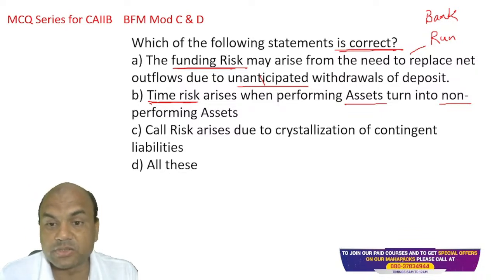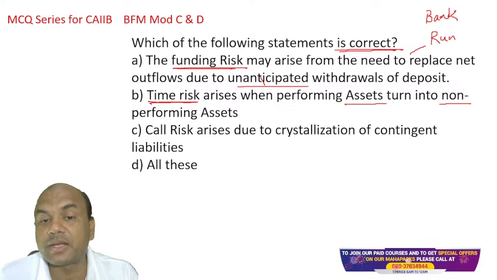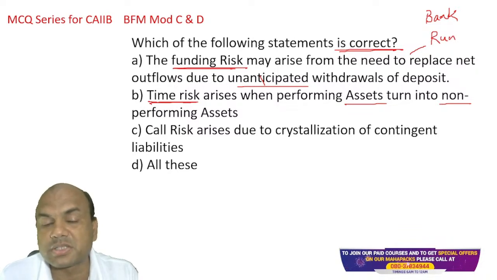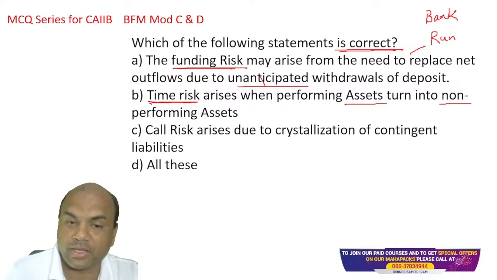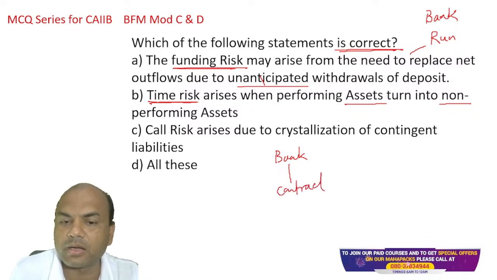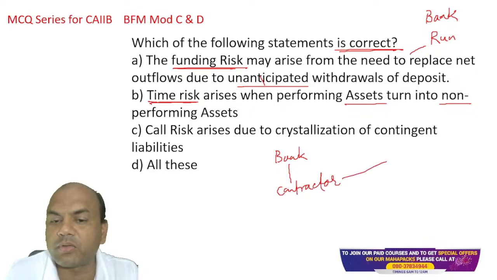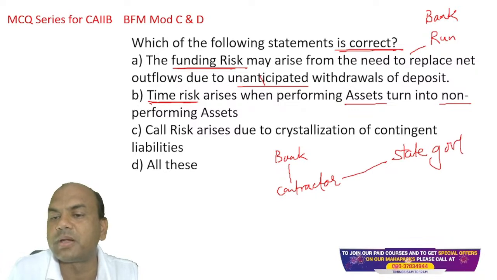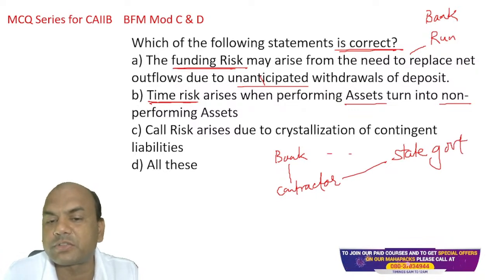Call risk arises due to crystallization of contingent liabilities. Just now we saw it. Earlier question: if I give you a guarantee, let's say this is a bank. The bank has one customer, a contractor. Now this contractor wants some road contract from the state government. So the state government will ask for a guarantee. So the bank gives the guarantee.